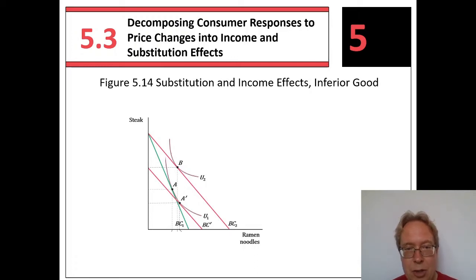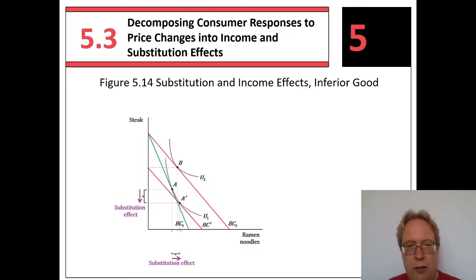So that's the substitution effect. The change from A to A prime, that's your substitution effect. That's how the change in relative prices affects your consumption choice while keeping you indifferent between the old and the new situation, keeping you on the same indifference curve as before.